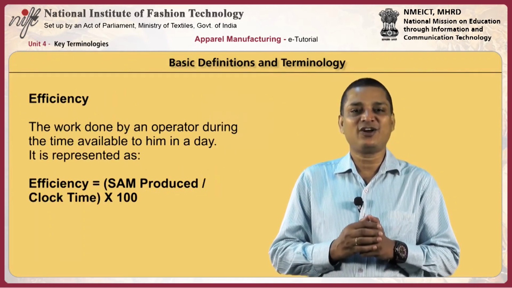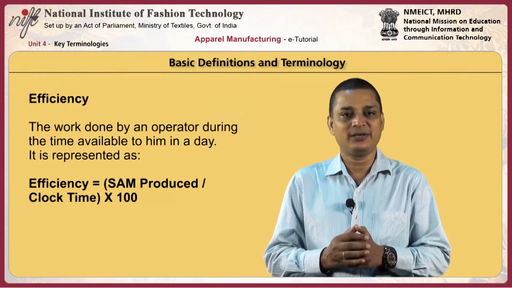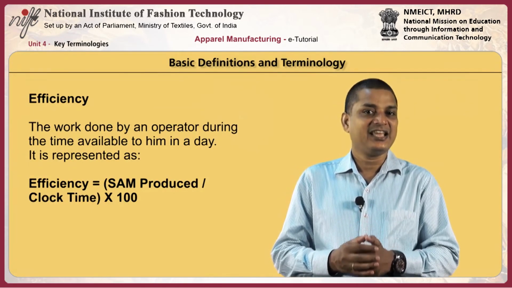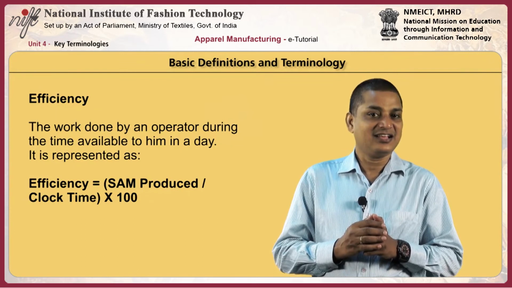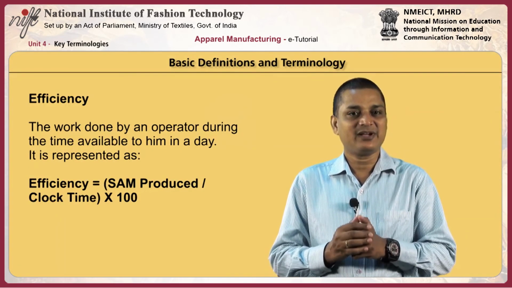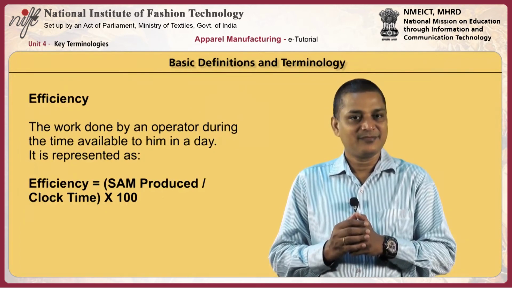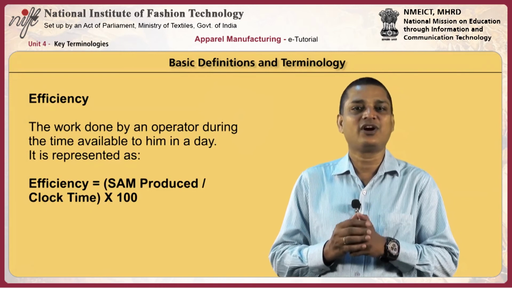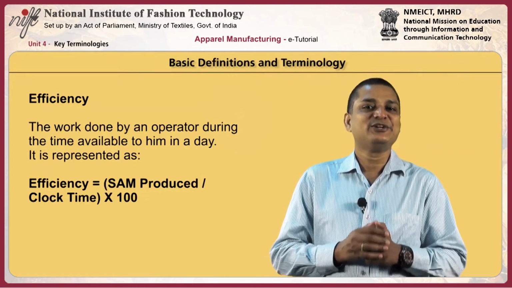Efficiency represents the work done by an operator during the time available to him in a day. Efficiency is equal to standard allowed minutes produced divided by clock time, multiplied by 100. Performance is a tool used to quantify the work content of an operator during the day.